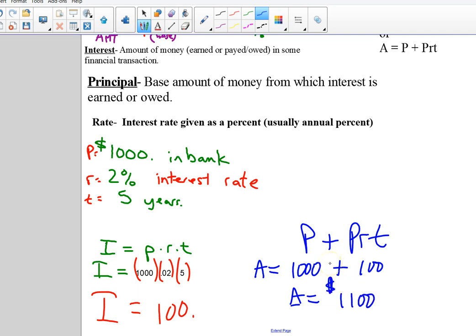It would be worth the $1,000 that it started with plus another $100.